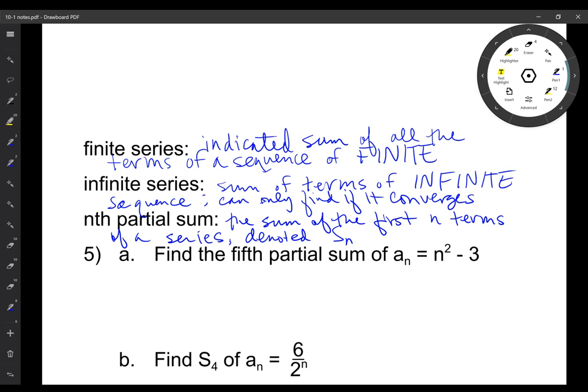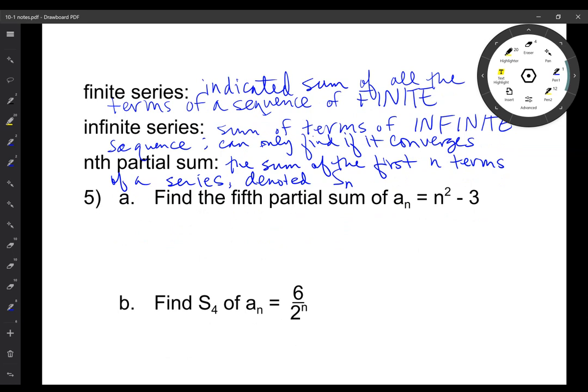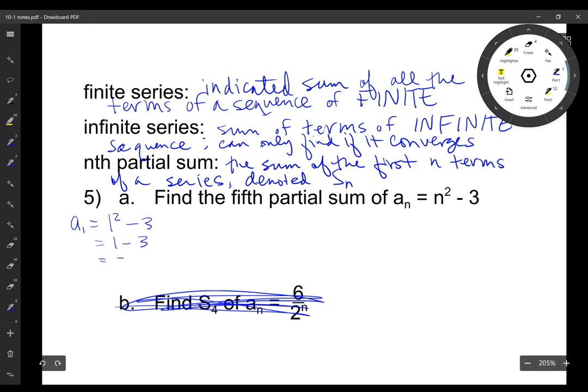So in example 5, in this first part, and we're not going to do the second part because we're looking at time here, and I did not actually do these in my notes that I put online anyway. If I want the fifth partial sum, that means I need to add the first 5 terms. So I find A1, which is 1 squared minus 3, or negative 2. A sub 2 is 2 squared minus 3, 4 minus 3 is 1. A sub 3 is 3 squared minus 3, 9 minus 3 is 6.